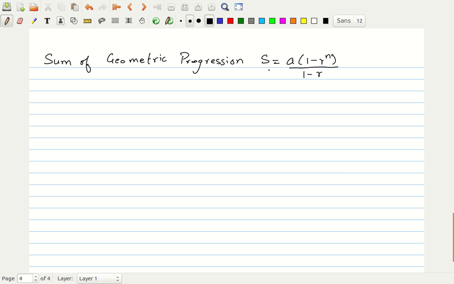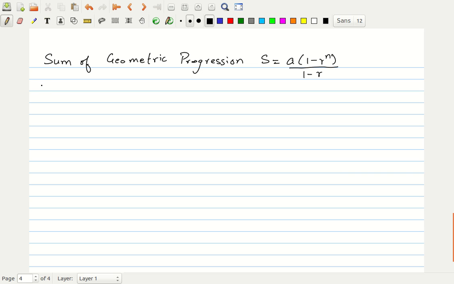So this is the general sum of n number of terms of a geometric progression. So if there is a geometric progression, the sum of n terms is going to be a times 1 minus r to the power n divided by 1 minus r.